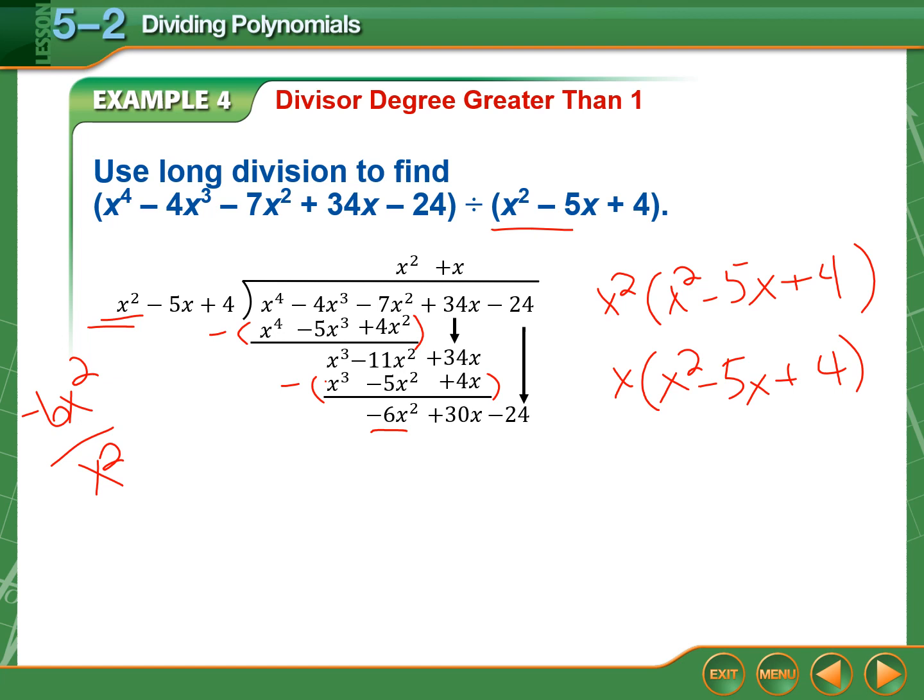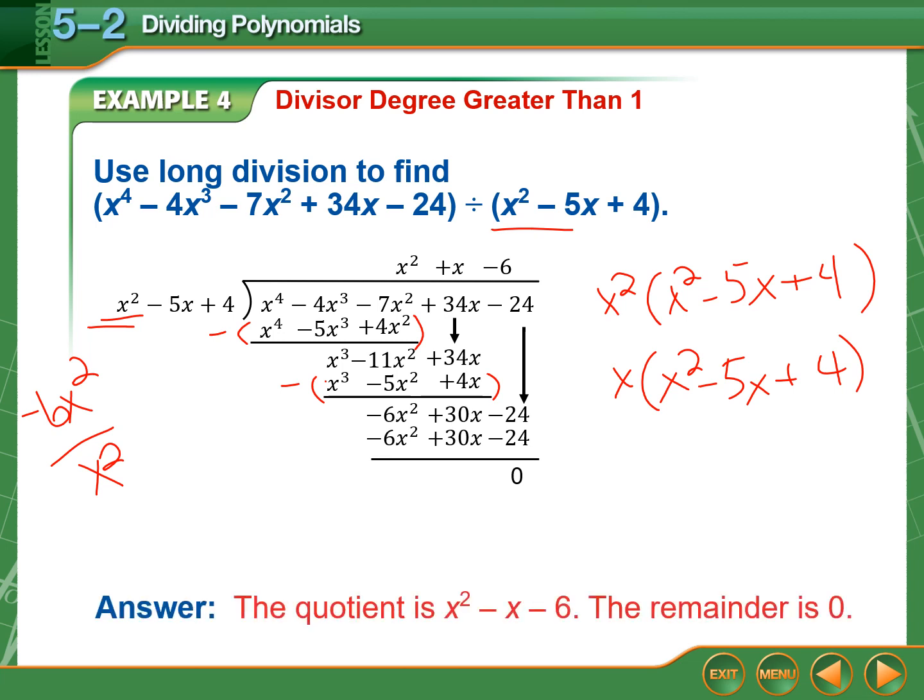It takes a negative 6, because I've got to get that term back. Negative 6 times x squared is negative 6x squared. Negative 6 times negative 5 is a positive 30x. And negative 6 times 4 is a negative 24. And lo and behold, that gives us a remainder of 0.